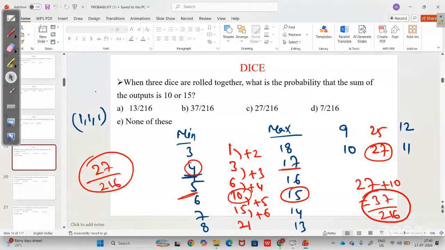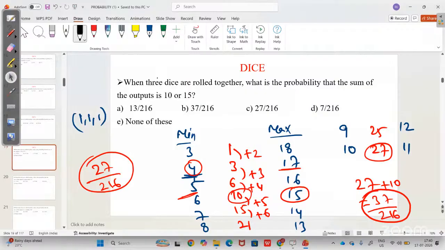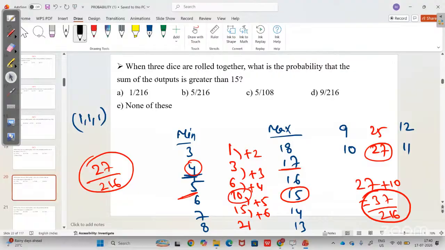Next, when 3 dice are rolled together, what is the probability that the output is greater than 15? That is 16, 17, 18, where 18 will be equal to 1.